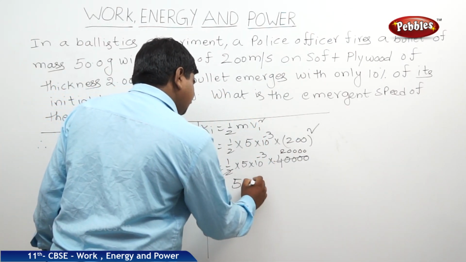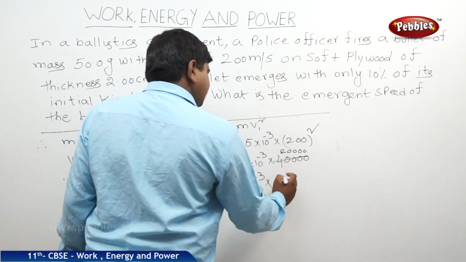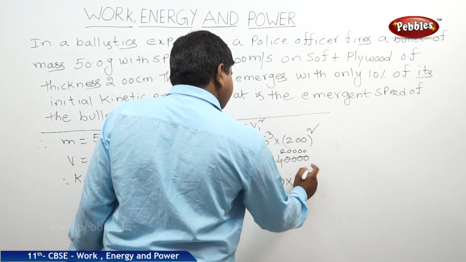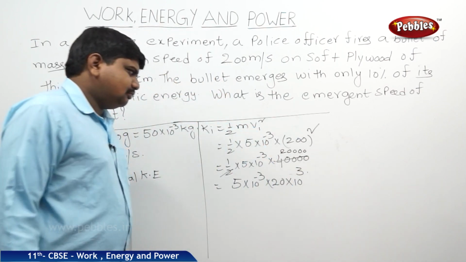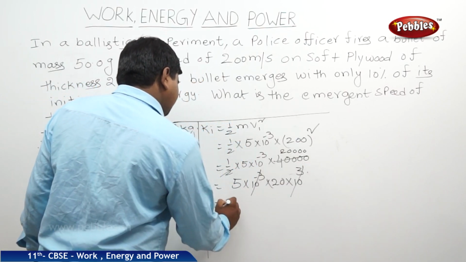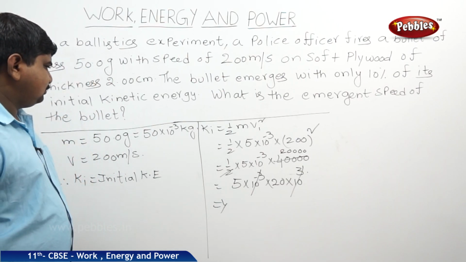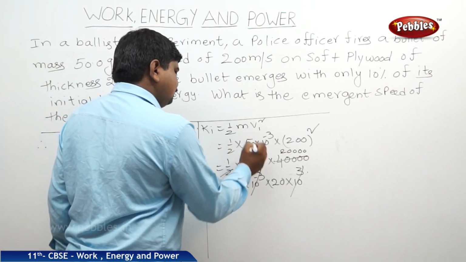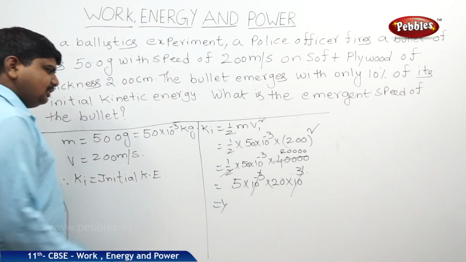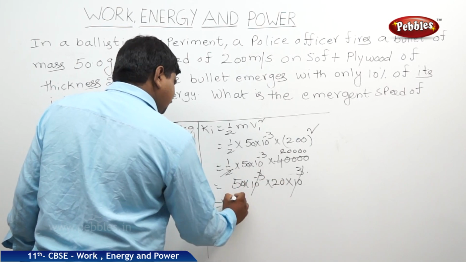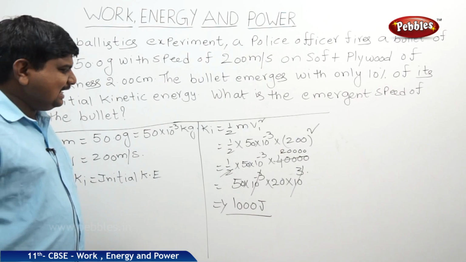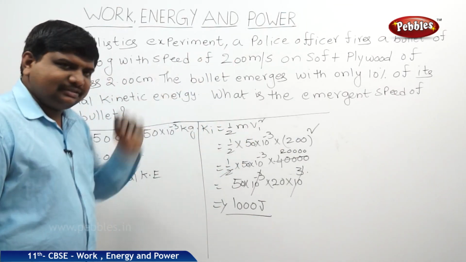So 20 into 10 cube, and this 10 cube and 10 power minus 3 will be cancelled out. So it will be 50, because it is 50 grams. 20 into 50 is 1000 joules.